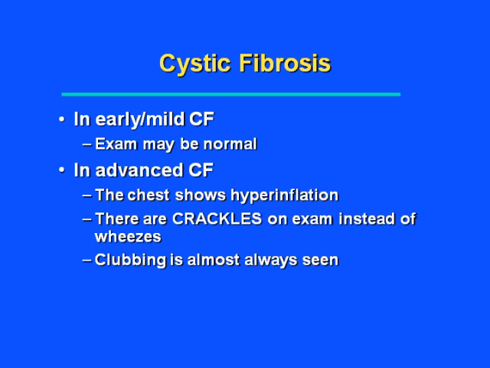as we go through, we'll have you recognize that in very early or mild cystic fibrosis, the exam would be completely normal. You would not really pick it up on your examination, but you might instead have a history of frequent infections that may have been diagnosed as multiple episodes of bronchitis or pneumonia.